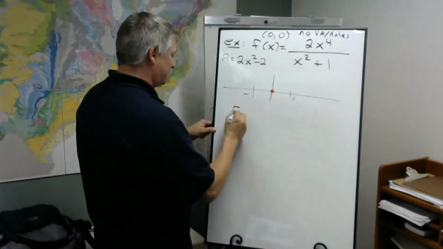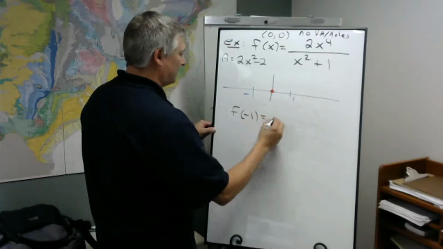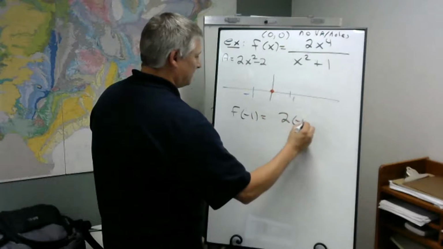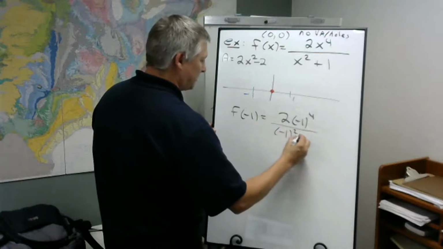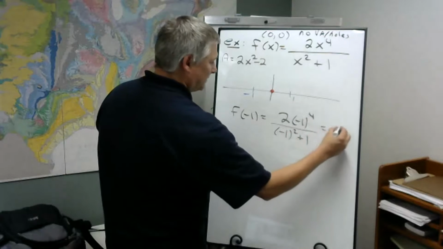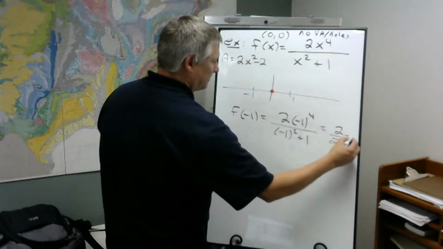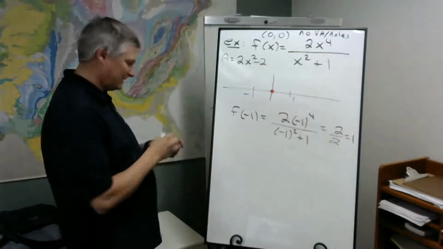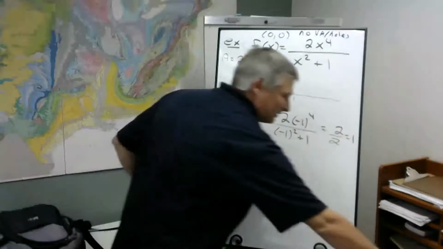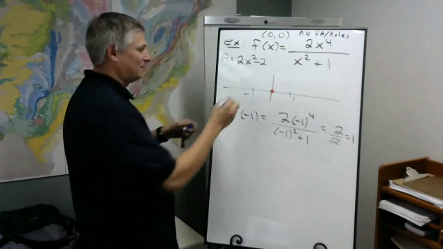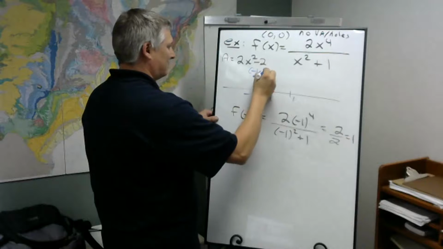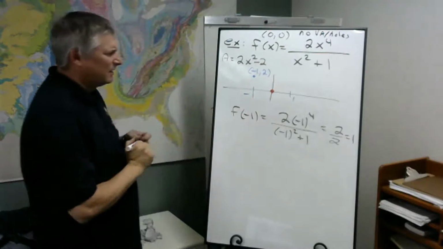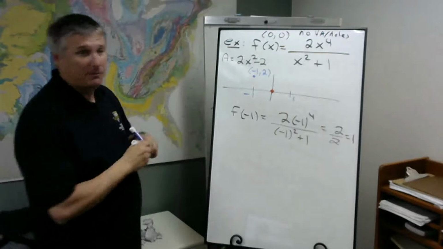So f of -1 will be 2 times -1 to the fourth, over -1 squared plus 1. This will be 2 over 2, or 1. If we try f of 1, we're going to get the same thing.